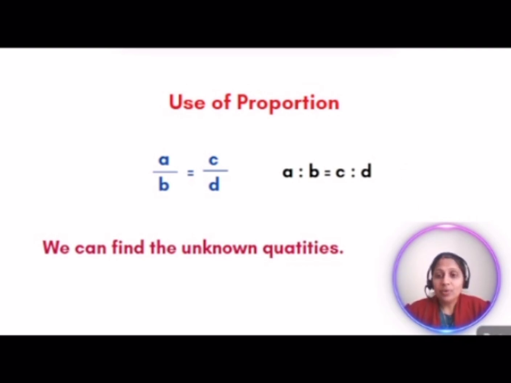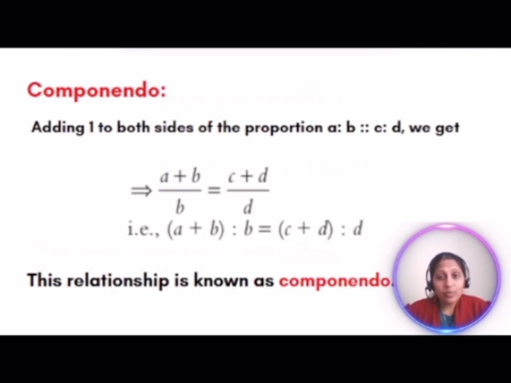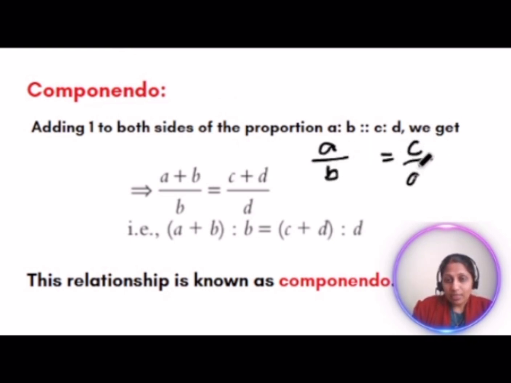Suppose you add 1 to a proportion, then you get the componendo. What do I mean by that? Suppose you have the proportion A is to B as C is to D. If you add 1 to both sides, you get A/B + 1 = C/D + 1, so (A + B)/B will be equal to (C + D)/D.